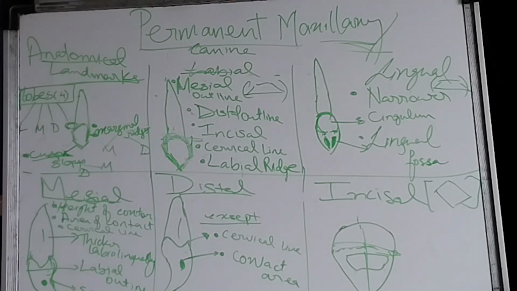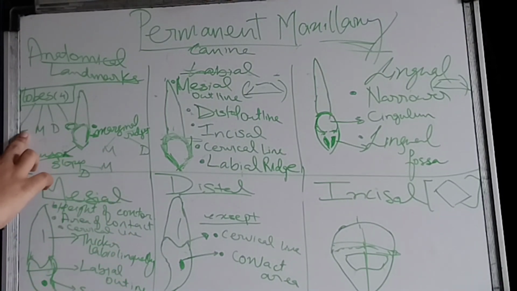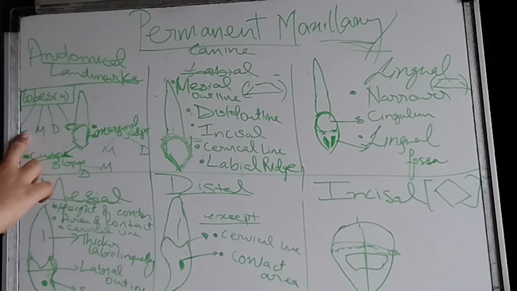And the last one, the labial ridge. As I had promised, I will tell you what the labial ridge is. In the previous video I had mentioned it. It is a very important and distinguishing feature of a canine. We know that there are four lobes. The labial lobe is very well developed; it is the largest lobe.